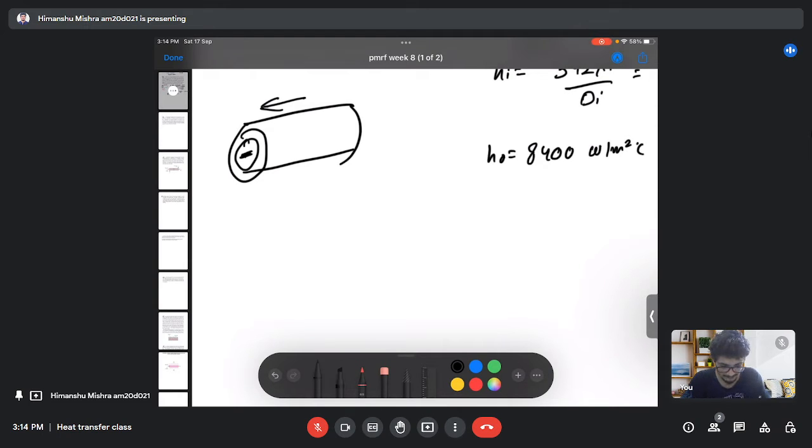So anyway, we have a fluid inside this tube and outside this tube. So there will be heat transfer through convection inside this tube to the wall of the tube, and within the wall there will be heat transfer by conduction, and then there is heat transfer from the outer wall to the outer fluid.